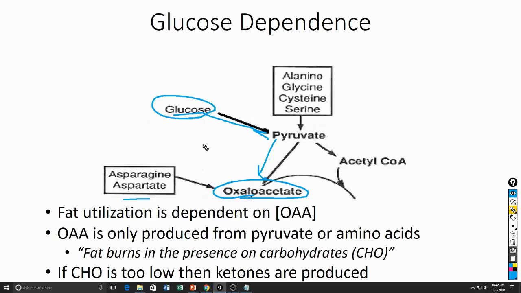So if you don't have carbohydrate, if you don't have glucose, you have a hard time breaking down fat, and it can lead to some problems, ketosis being one. But that's one of the caveats of breaking down fat. You kind of have to have carbohydrate in your system.